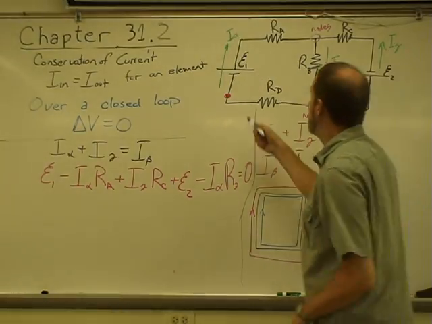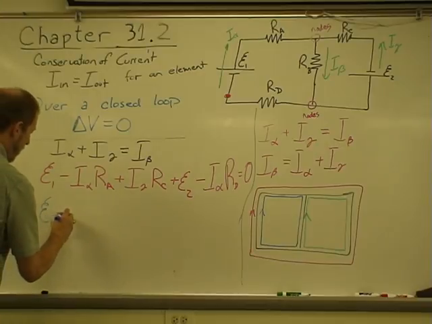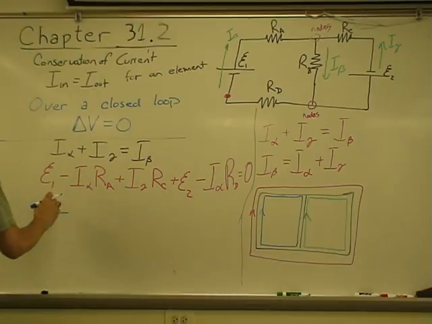Okay, let's look at the blue loop. Start from the same place. The potential goes up by E1, the EMF of battery 1.